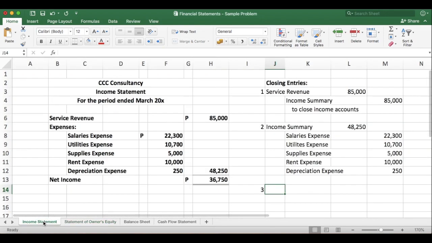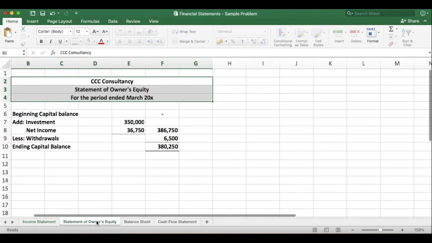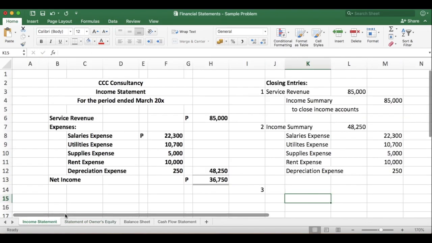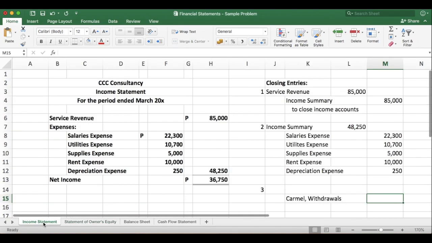Now remember, withdrawal has a normal balance of debit. To make that 0, we have to credit it. So that would be credit, what is the name again of the account? Carmel, yes, I can remember. Carmel withdrawals, which is at 6,500.